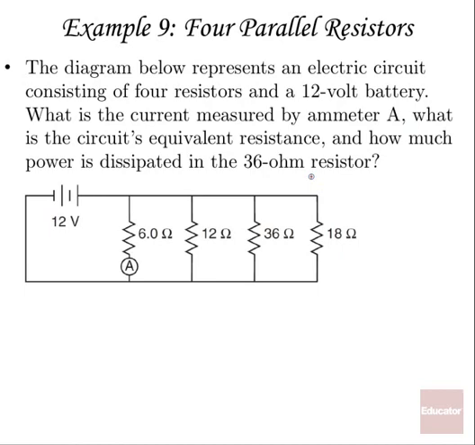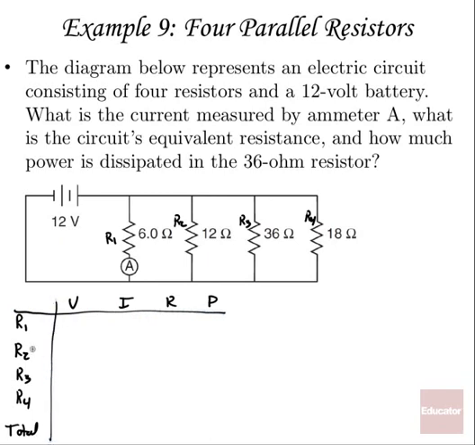A lot of questions, but again, if we make a VERP table, we'll probably answer all of them just in filling out that table. So let's call these R1, R2, R3, and R4. We'll make our table. We have elements R1, R2, R3, R4, and total, and V, I, R, and P. Fill in our lines here before we fill in what information we know right away from the circuit.